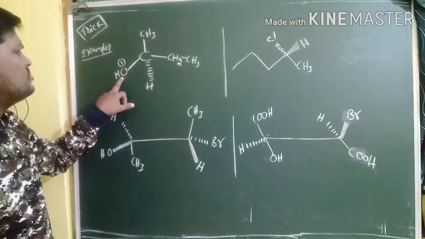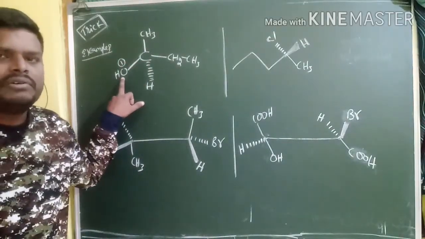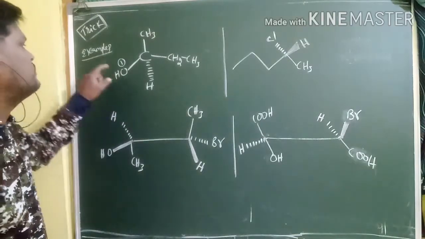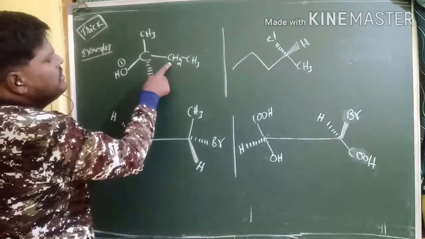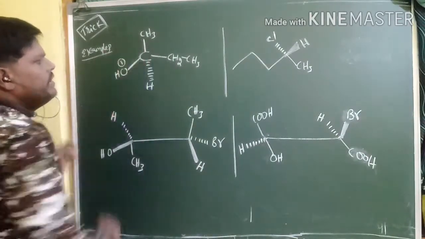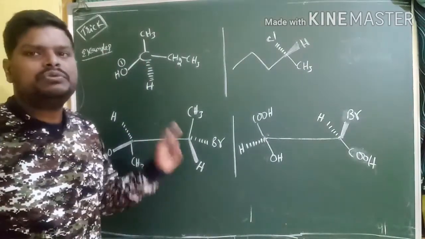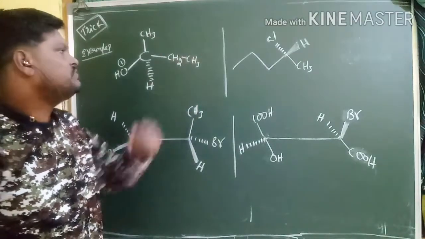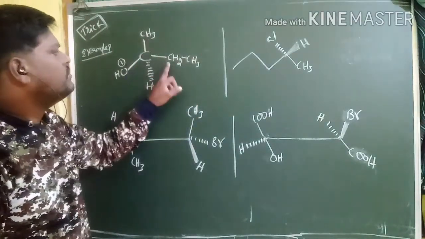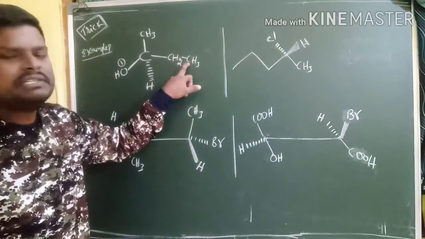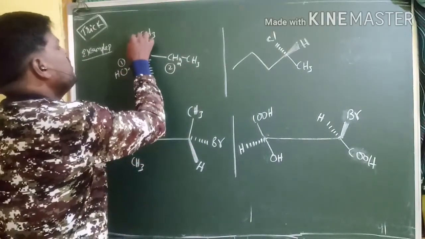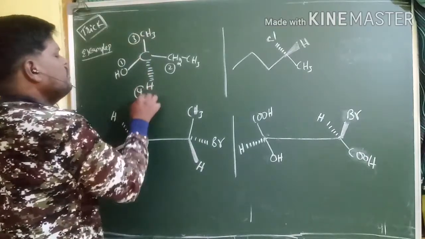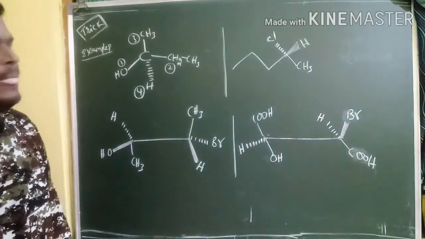Among these 4, oxygen is the first priority because oxygen's atomic number is 8. So that's why it is first priority. And coming to these groups, here carbon, here also carbon. According to CIP rules, if 2 atoms are the same, go for the next one. Here what is the next one? Hydrogen. But here the next highest one is carbon. So this is the second priority, and third priority, and of course hydrogen is the least priority here.